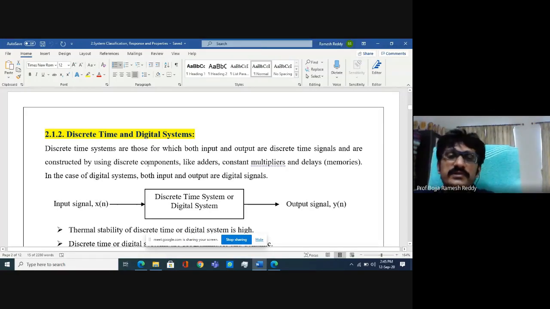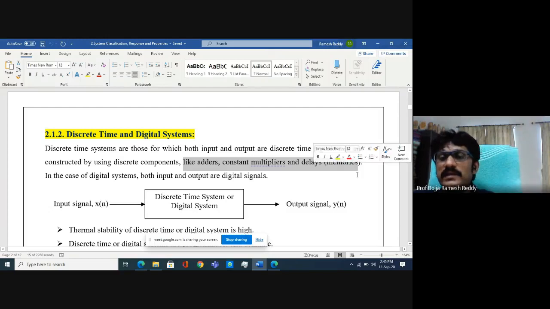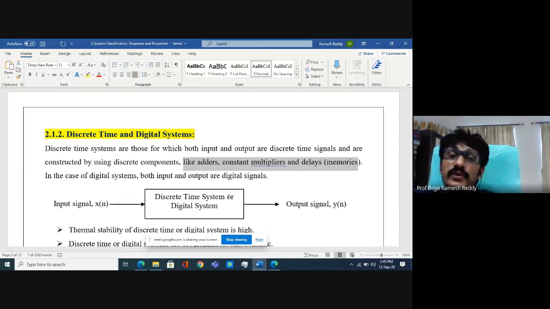Discrete systems are constructed by discrete components like adders, constant multipliers, and delays. Delays are nothing but memories. We can design any type of discrete time system by using only these three components.